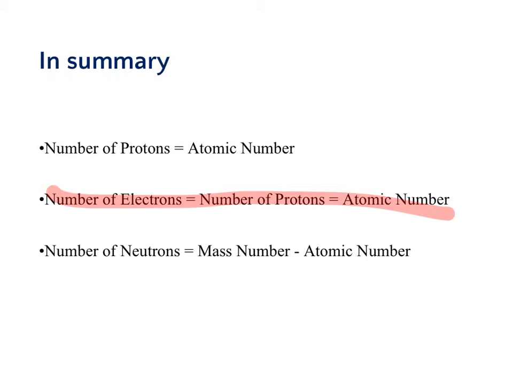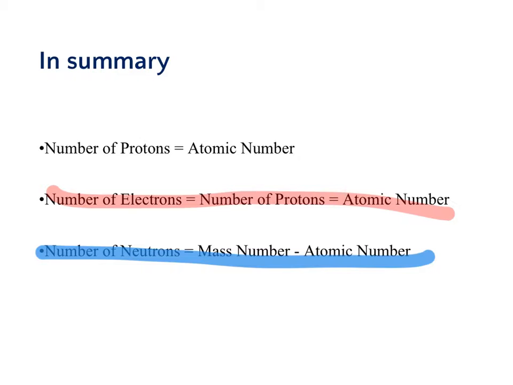It's not always true, but when we're working with the periodic table and pure elements, it's good enough for now. The number of neutrons is the mass number minus the atomic number, which is what we just showed. So these are the three facts you need to do the homework.